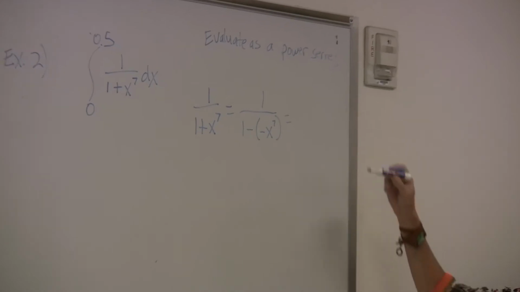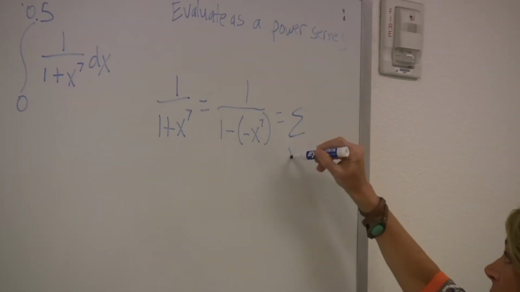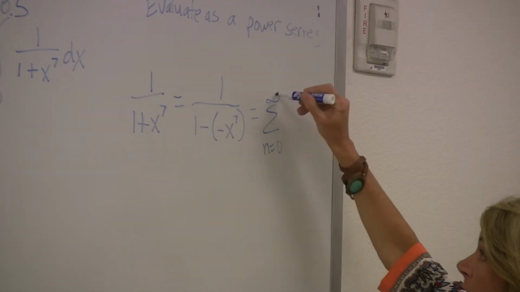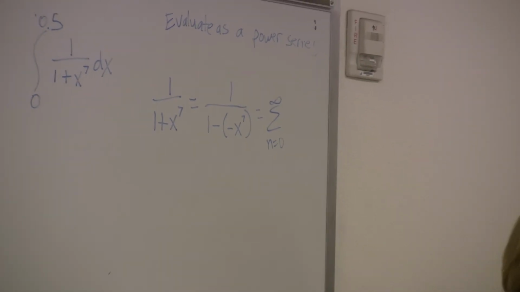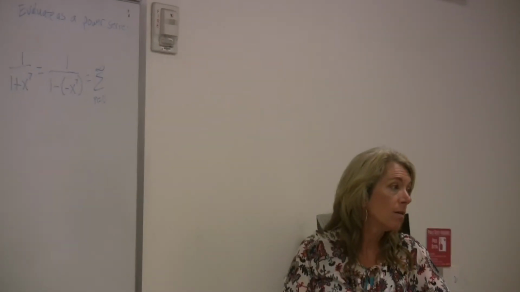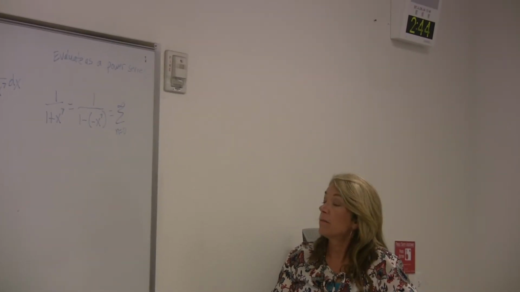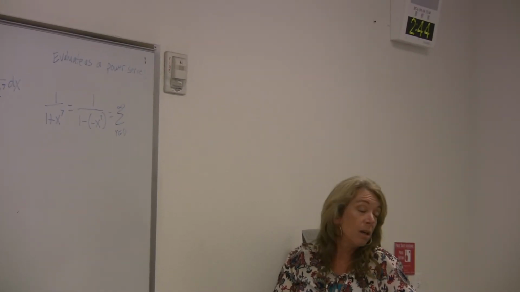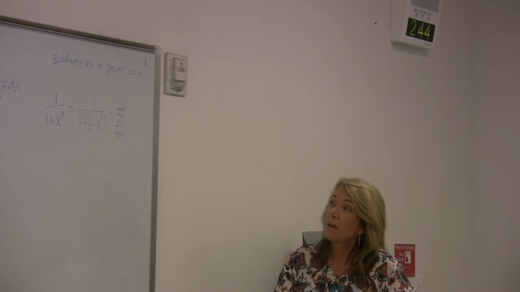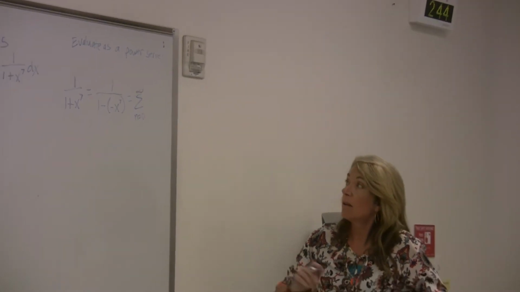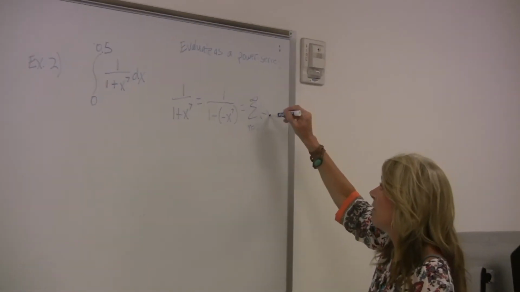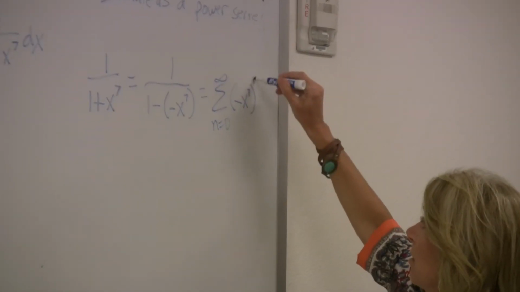So when I go to write it as a series, it will be negative x to the 7th to the n.